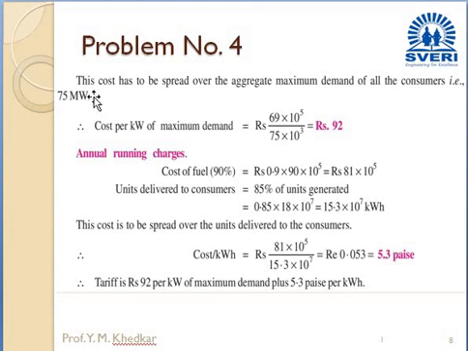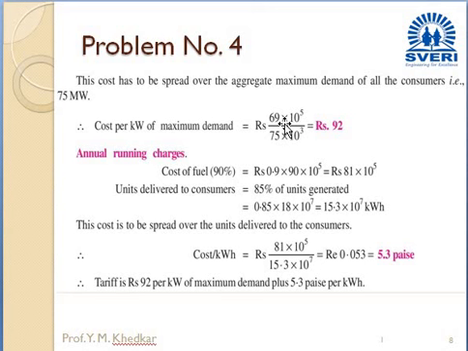Here we are interested to calculate the flat fixed rate, or the cost per kilowatt. It means total cost divided by the maximum demand, or total cost divided by the aggregate maximum demand.